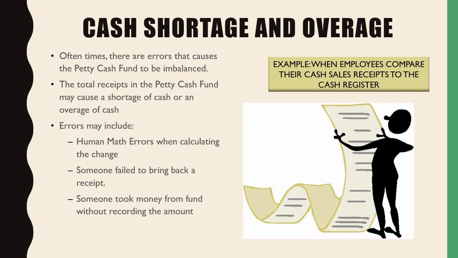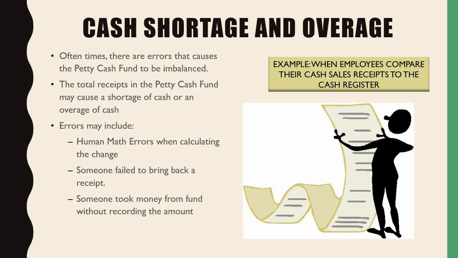Another example: since the owner owns everything in the store, the owner can just walk up to the cash register and take $20 and not say a thing. That will cause the cash register or the petty cash drawer to be in shortage.